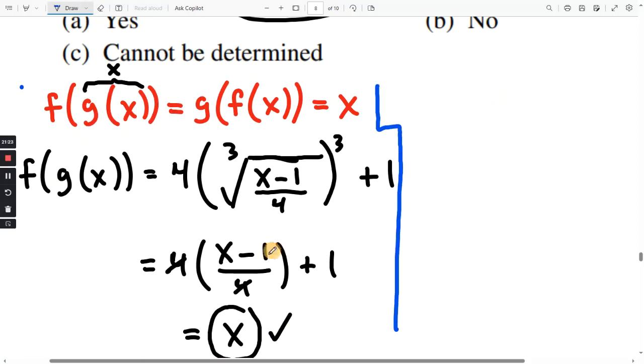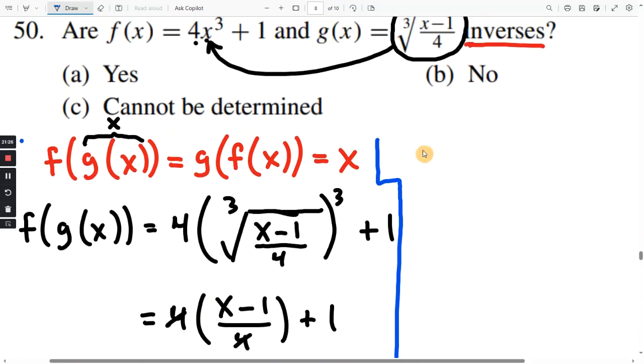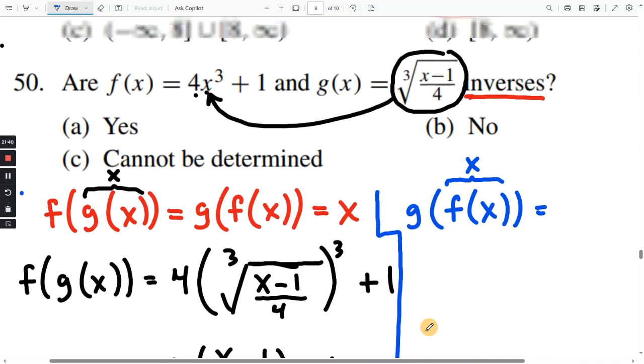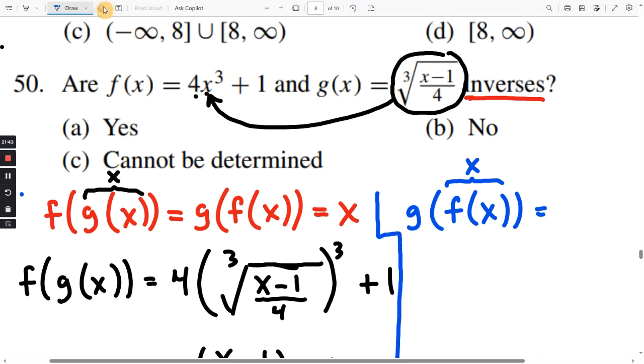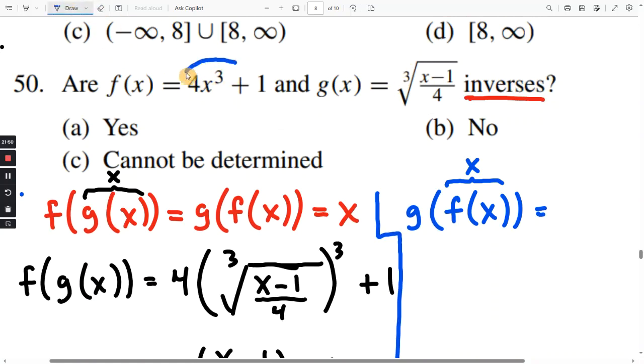All right, let's do g of f of x. What that means is you take f of x and you plug it in for x in the g function. So before we went this way, now we're going the other way. We're going to take the f of x function, take that whole thing and plug it in place of x.